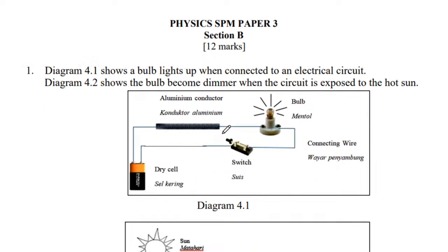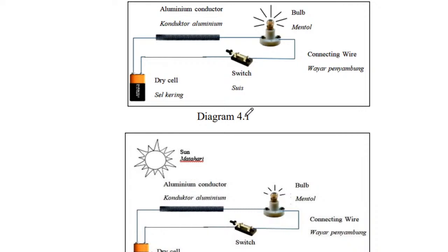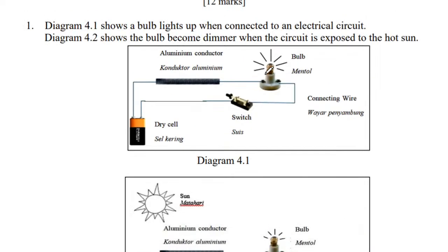Last one. This one belum pernah keluar. This one is actually SBP question if I'm not mistaken, but I can't remember what year. Maybe 2018 maybe. Okay, so this will be temperature and resistance. Okay, temperature and resistance.